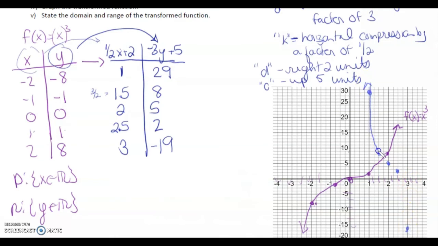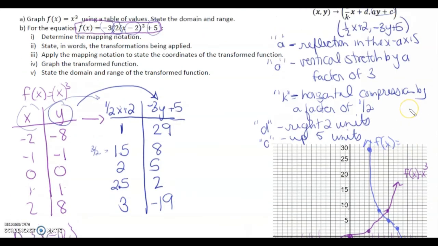So we can see that it still flattens out in the middle, but it gets really stretched. So this is our f(x) = -3(2x - 2) cubed + 5.